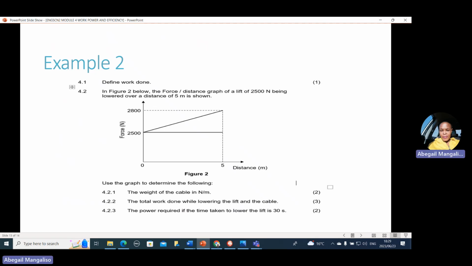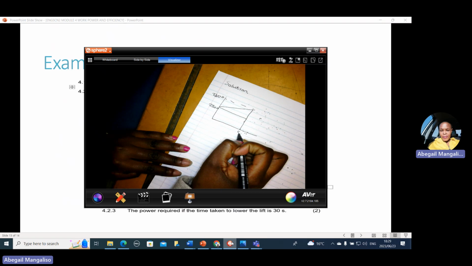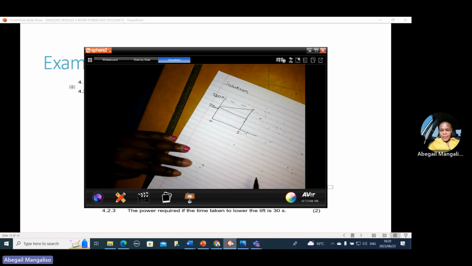I'm going to display it this side so that you can see how to sketch this graph of a force distance. Now, first thing we are looking for is the weight of the cable in Newton meter, and the distance is 5. Let's have a look at it. Distance is 5 here. This is 0.